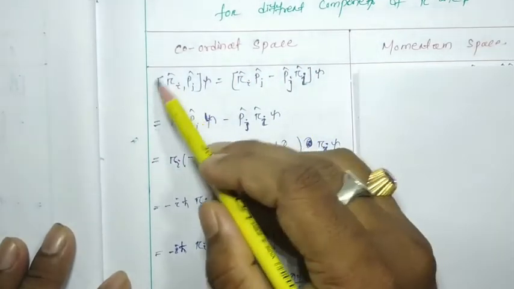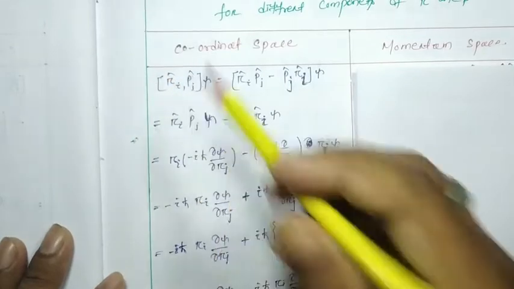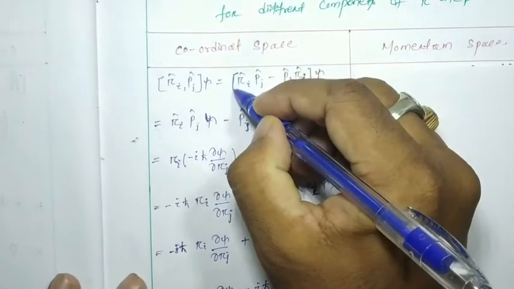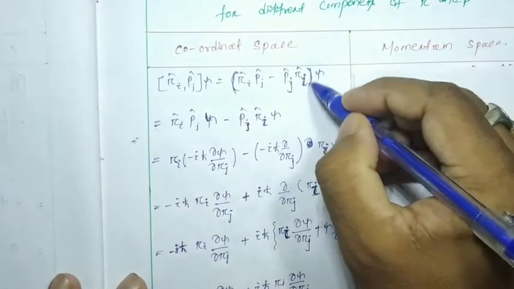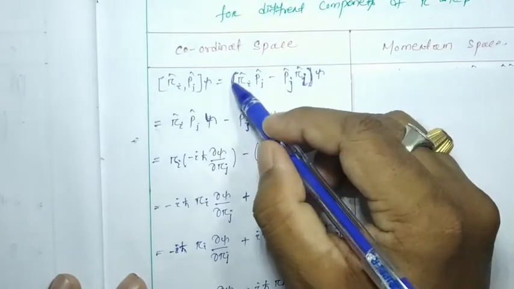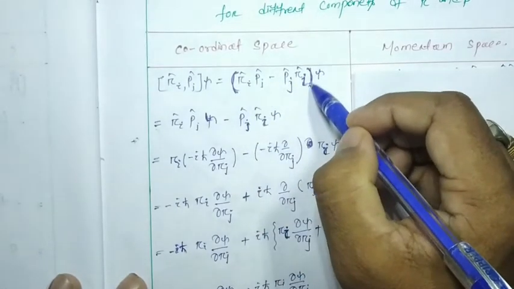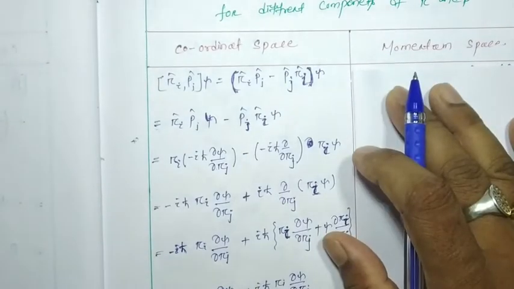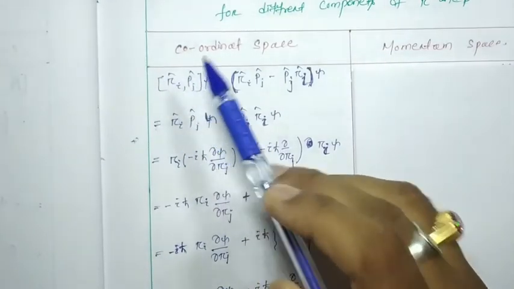So if I am going to omit the bracket, it will be represented by this. This is not the square bracket. If I remove the square bracket, it will be in this form. You can write it in a circular bracket or in a square bracket, no problem. But the square bracket meaning is different.